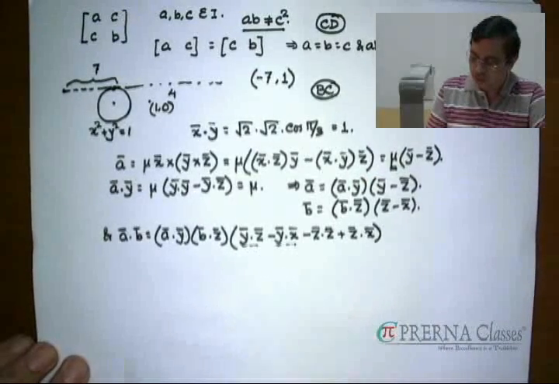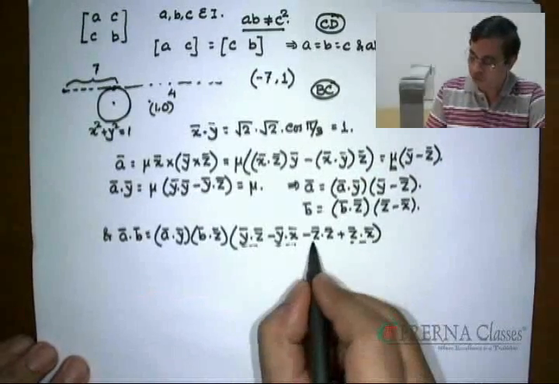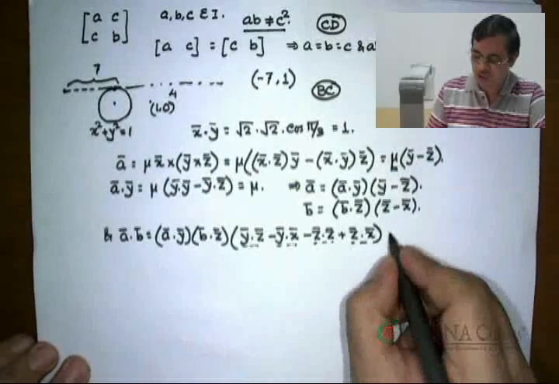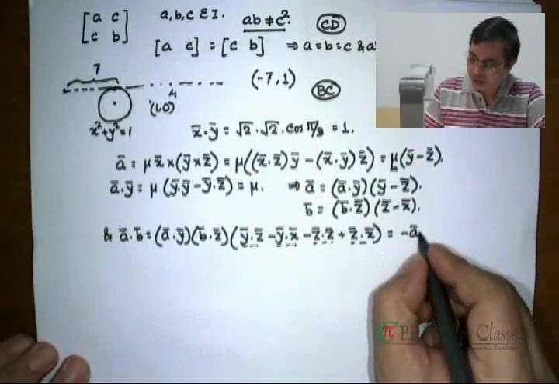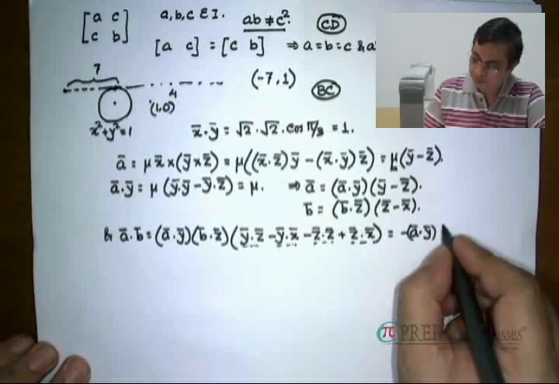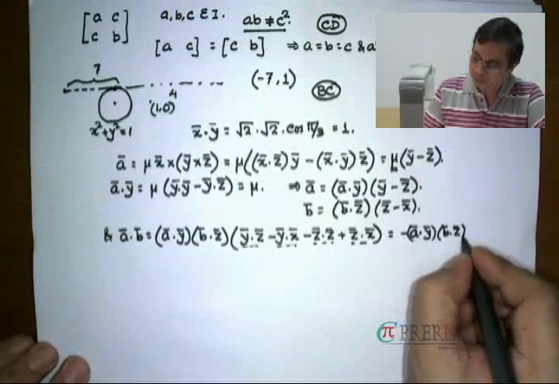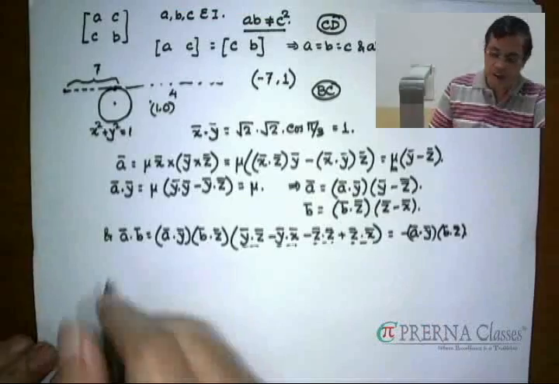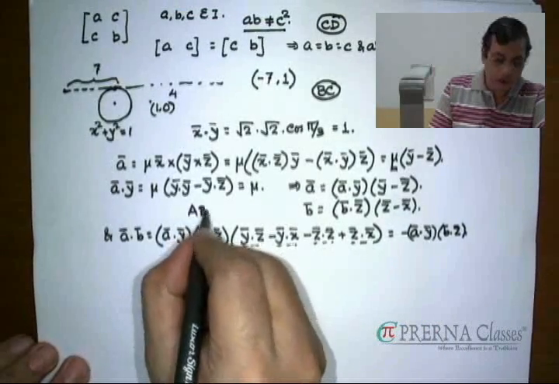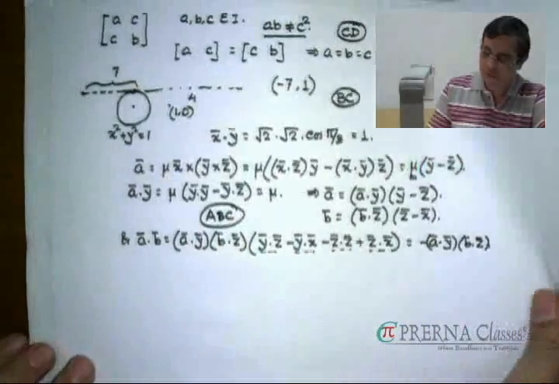Note that this and this term are 1, they cancel off. This is 1, this is minus 2. Clearly that gives us the result as this. Therefore the correct answer for this question would become A, B, C.